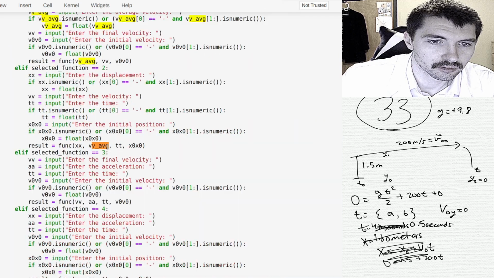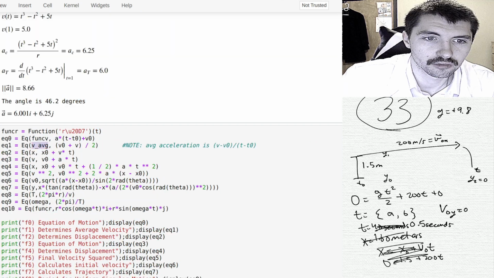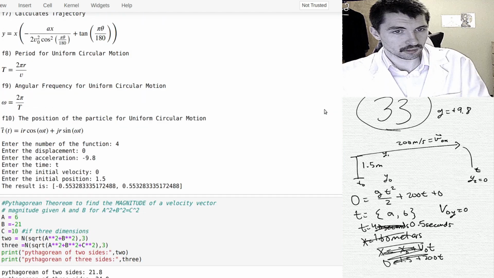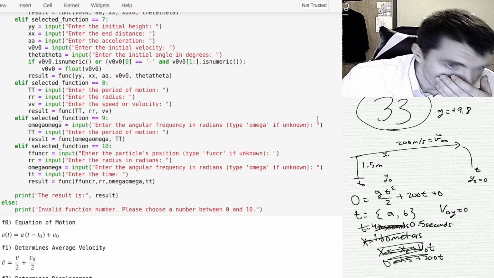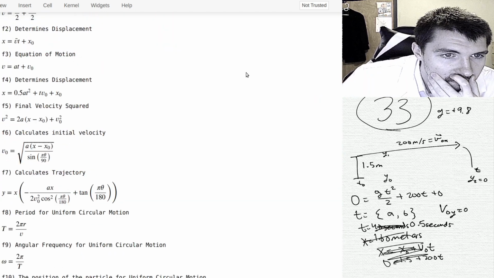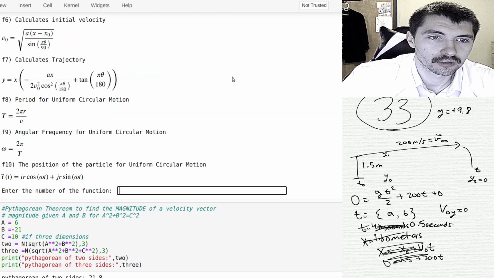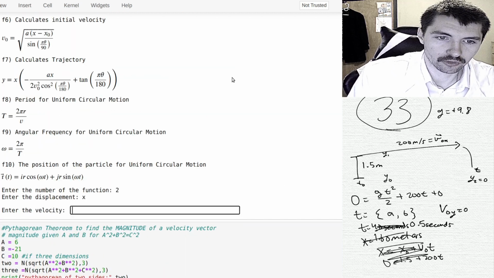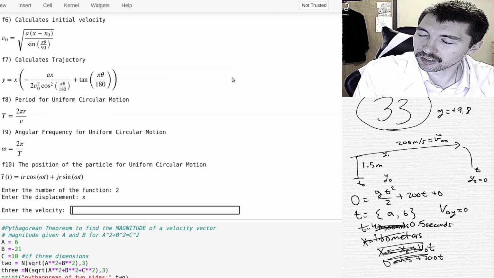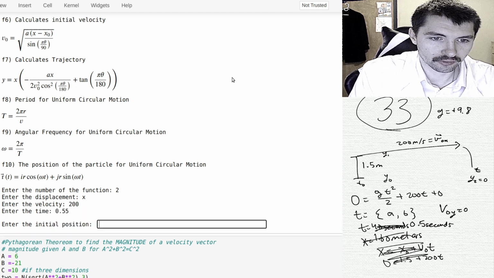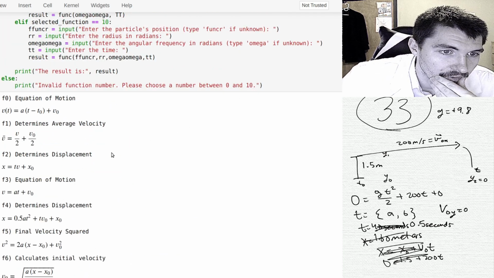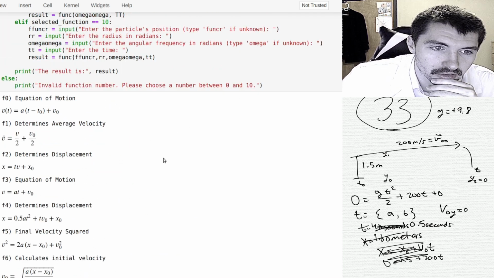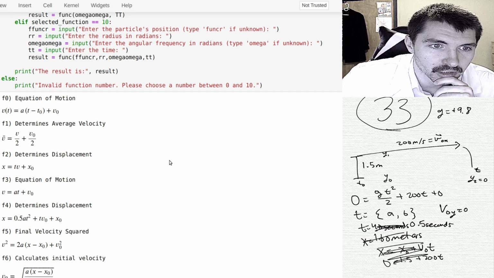Oh, we missed this one. Okay. So for equation 2, solve for this velocity is 200, 110. Okay, X is T. This displacement is time times velocity.